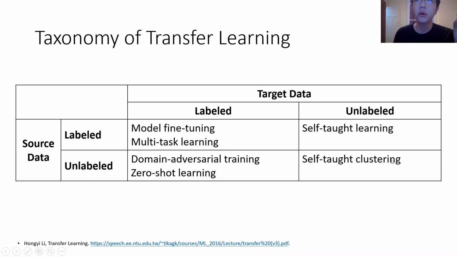These two do not see as much application as the others, so we're not going to touch them today. Basically, we're going to focus today on the first type, where both the source and target are labeled. So we will begin with model fine-tuning, which is narrowly what we mean by transfer learning.